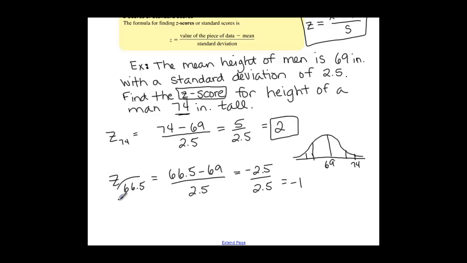So this piece of data would have a z-score of negative 1, meaning that on the normal curve it would fall 1 standard deviation below the mean. So this piece would be 66.5, 1 standard deviation below the mean.